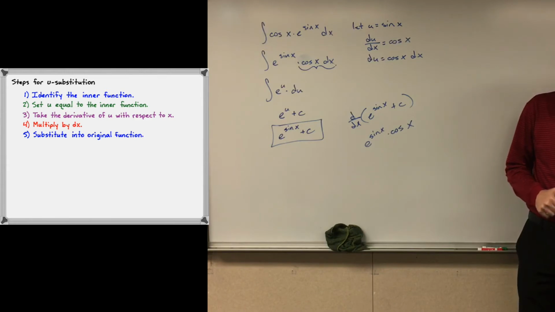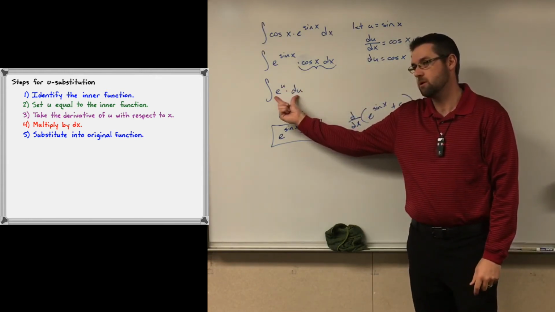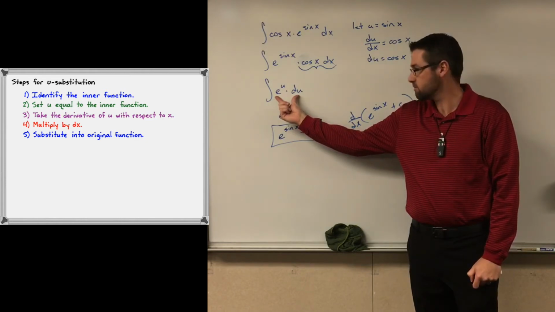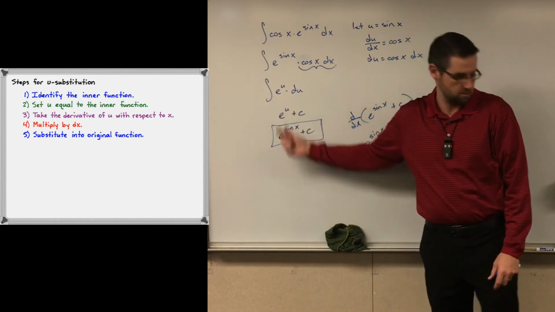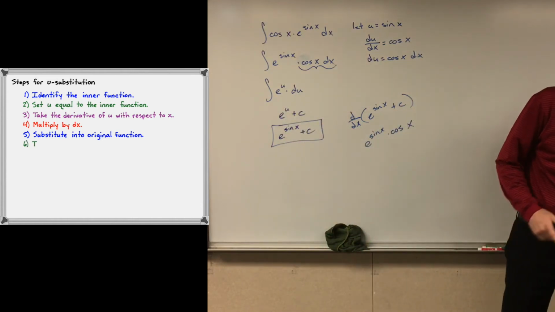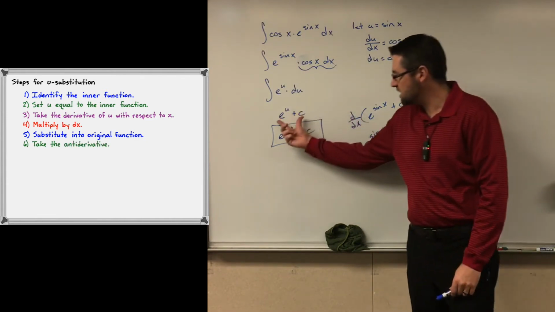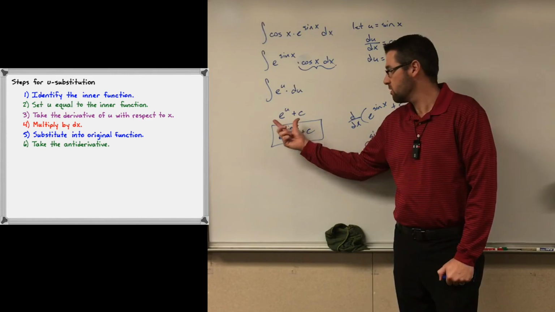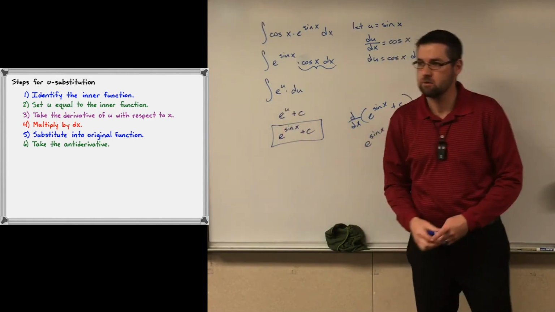So we substitute into the original function, and then after we substitute, what do we do? You take the antiderivative. And then after we took the antiderivative, what do we do? We plugged our original value back in for u.